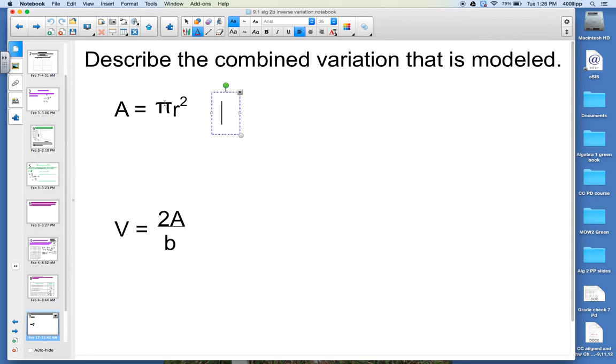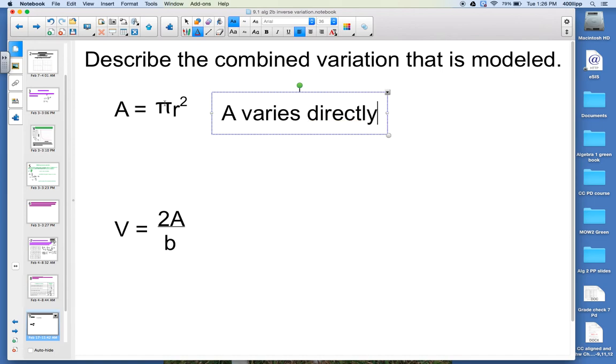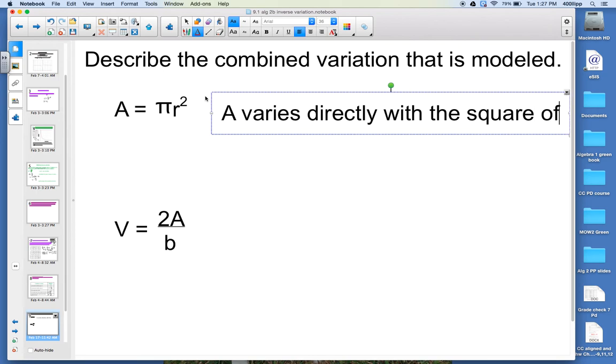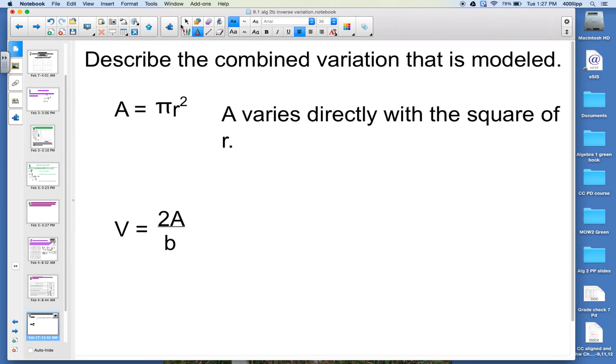For the other ones you saw that they didn't say k in there, your constant. So we're going to say A varies directly, because you're multiplying, directly with, since it's r squared, we're going to write it as the square of r. You could have written r squared as well.